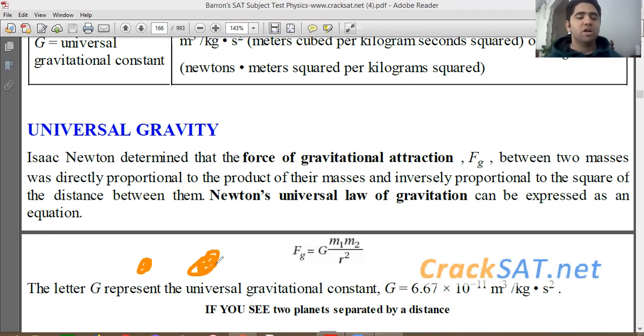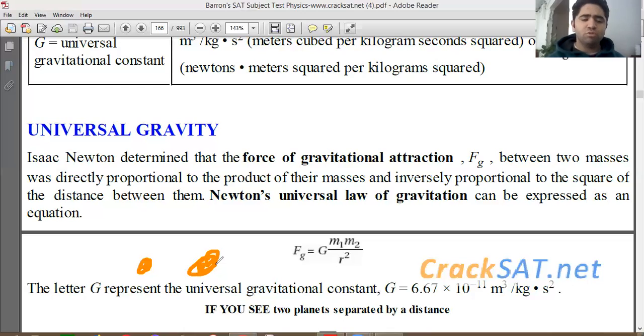That is why when you jump, there is gravity that actually pulls you down, because the Earth has a great mass that is going to create that force of attraction.